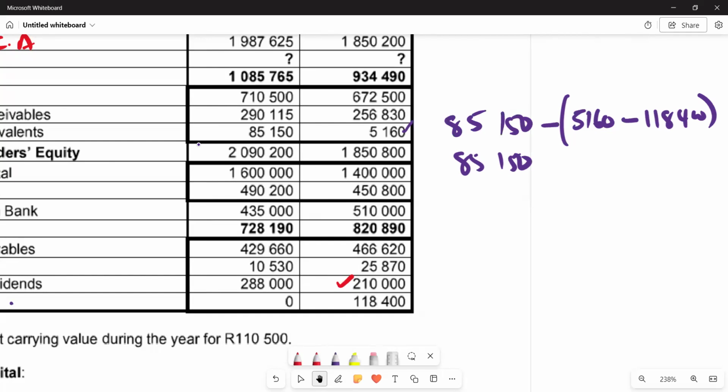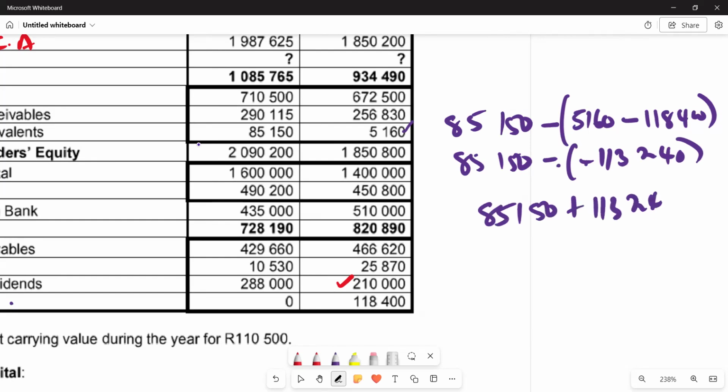You are going to get negative 113,240. So we are saying minus negative 113,240, and obviously a negative and a negative will make a positive. So it's going to leave us 85,150 plus 113,240.